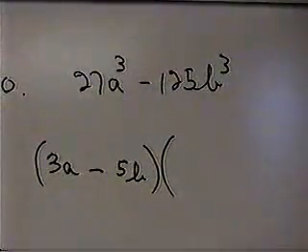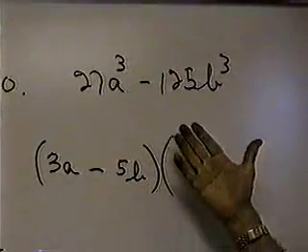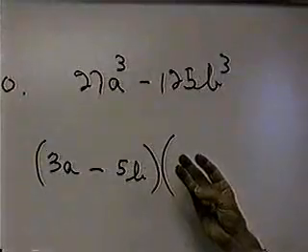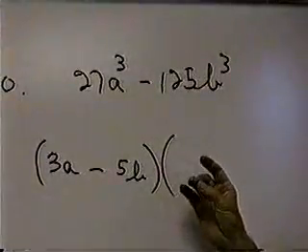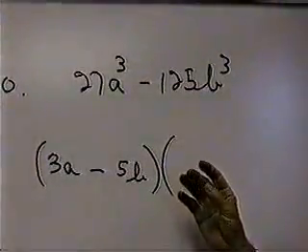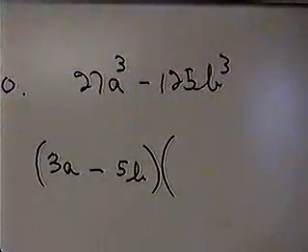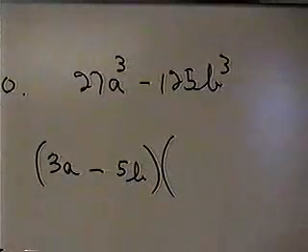Now, all the problems you're going to run across in your textbook, when you try to figure out what the cube is, just try 2, then try 3, and then try 5, and a 6 or a 7 would be the highest you're going to get. Just figure it out. All right, what's the rule?